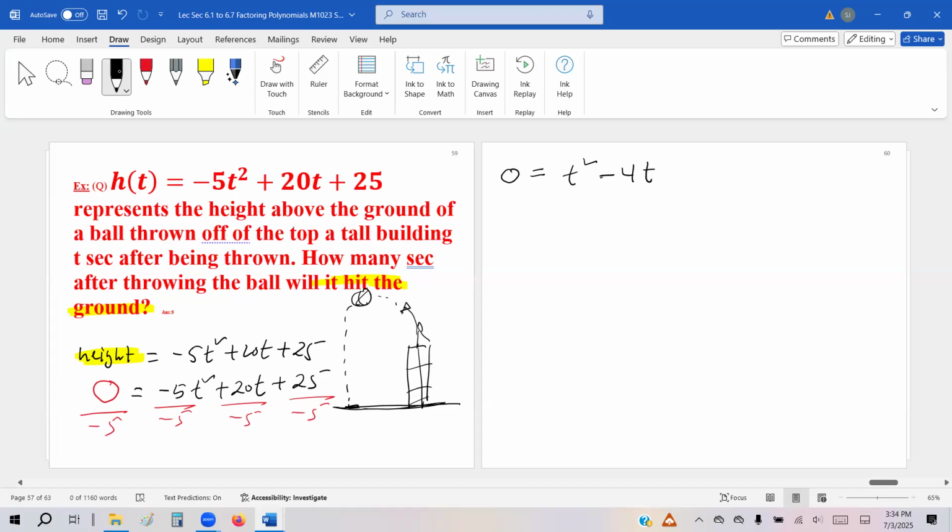Positive 25 divided by -5. -5. And now, don't you just love it? It's so simple. Can you think of two numbers that multiply to -5 and combine to -4? -5, +1.